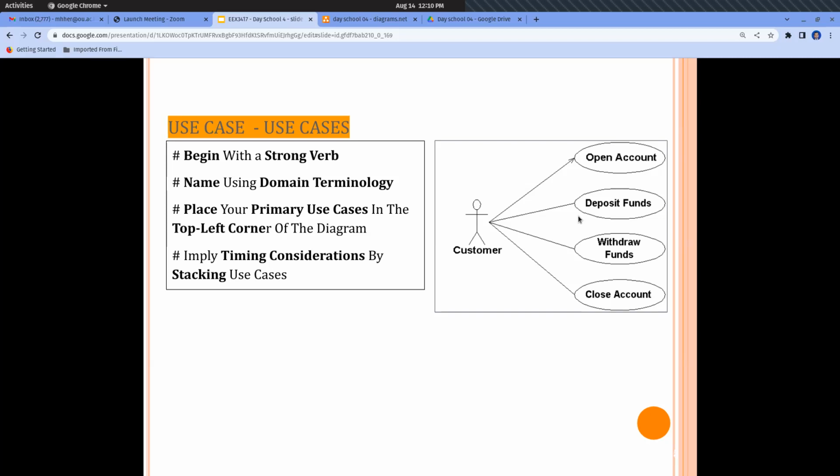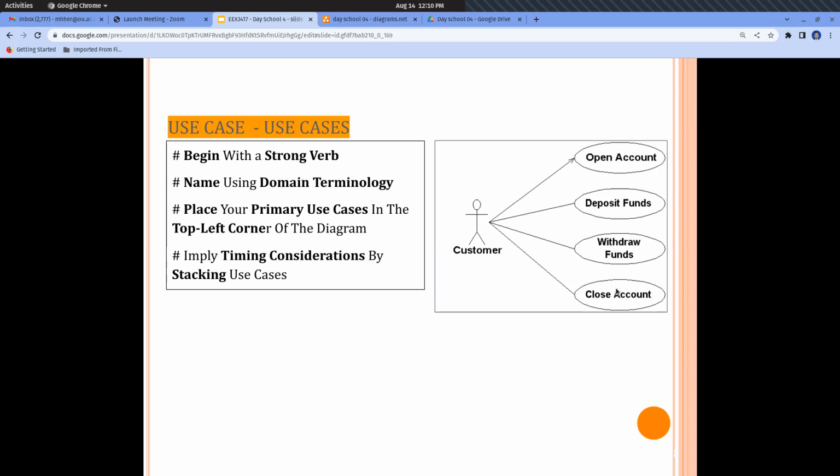Place your primary use cases in the top left corner. Here you can see first open account, deposit funds, withdraw funds, close account, all in a timely manner. First the customer should open, then deposit funds, and then you can either deposit or withdraw. Actually, before the withdrawal, there should be a deposit.